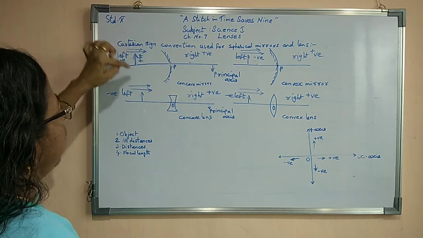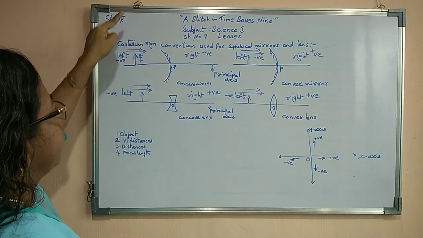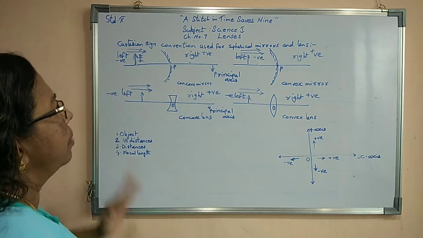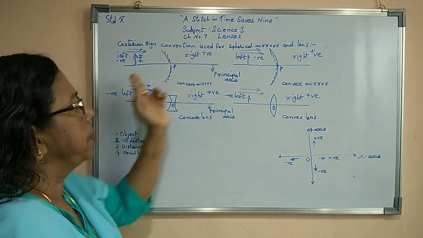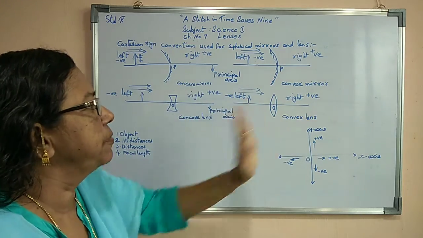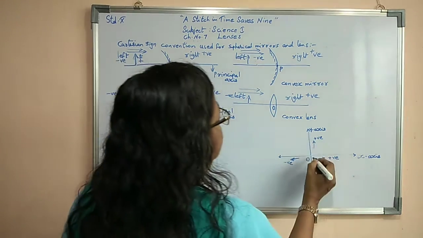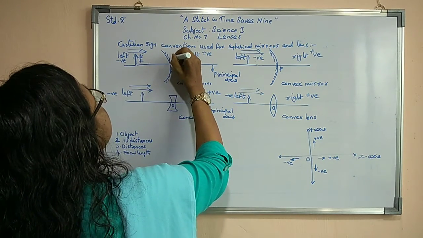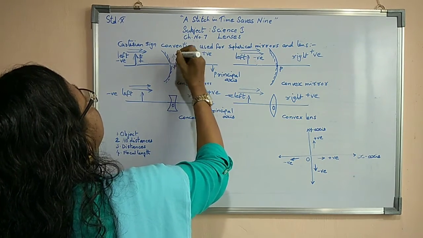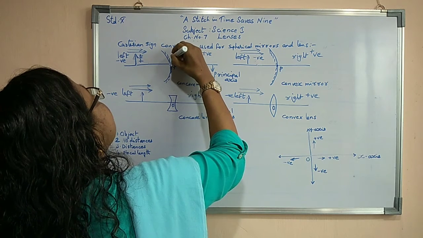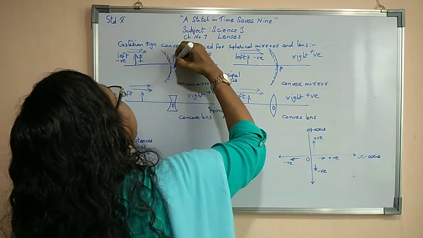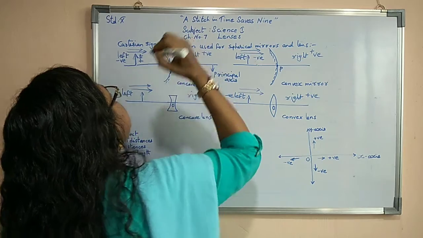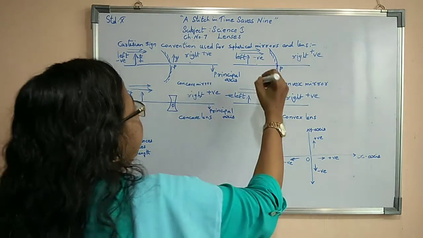Distances in the perpendicular direction from the principal axis, we have to take as positive in case of spherical mirrors as well as spherical lenses. Here also, the same way.